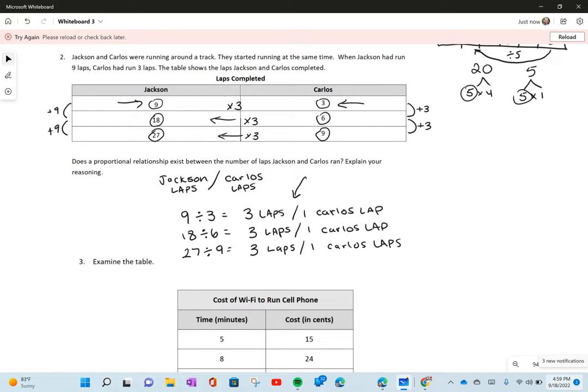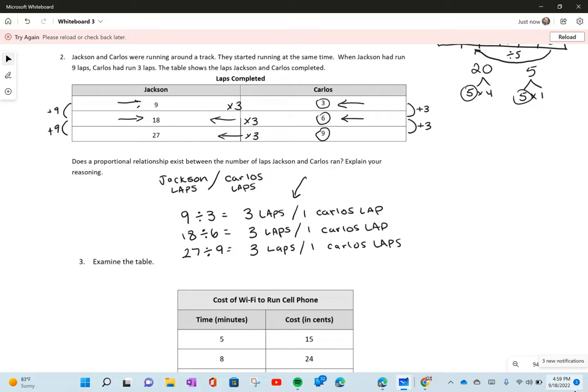Because when Jackson runs 9, Carlos runs 3. Another pair of corresponding values would be 18 and 6, because when Jackson runs 18 laps, Carlos runs 6. So those are corresponding values.